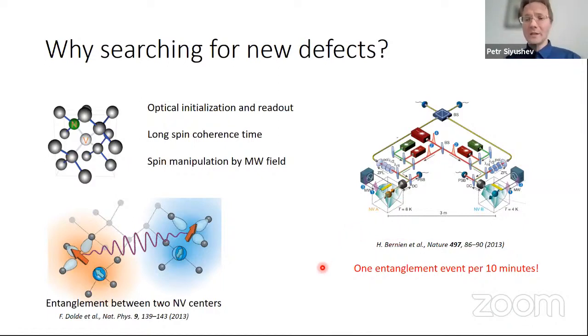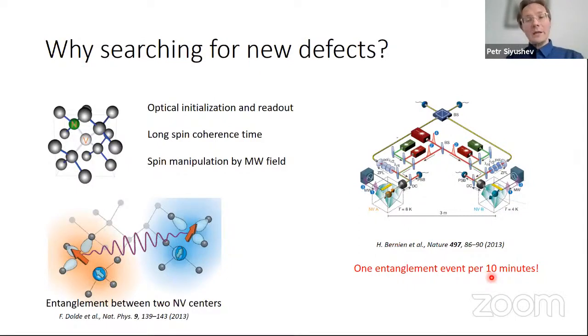However, at that time the entanglement rate was on the order of one event per 10 minutes. Actually, this picture is already outdated, and recently they managed to improve their technique and reach a hertz entanglement rate, however at the expense of fidelities, which is also not very applicable to real life.